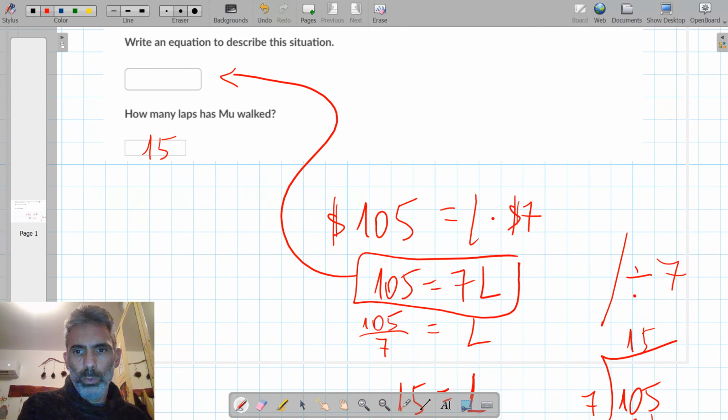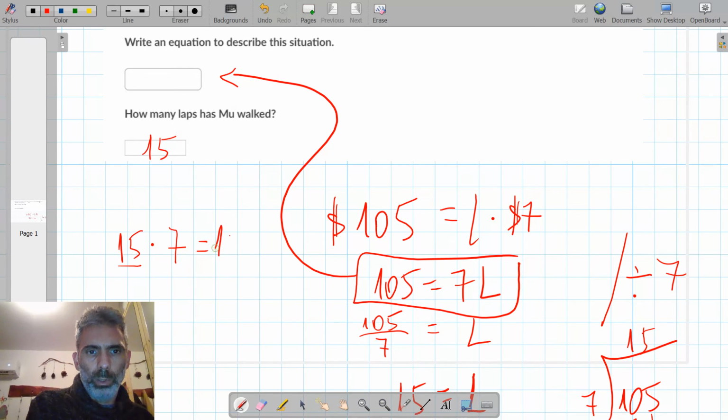To make sure, we need to multiply. 15 is the number of laps Moo has walked. For every lap she got $7. 15 times 7 is 105.